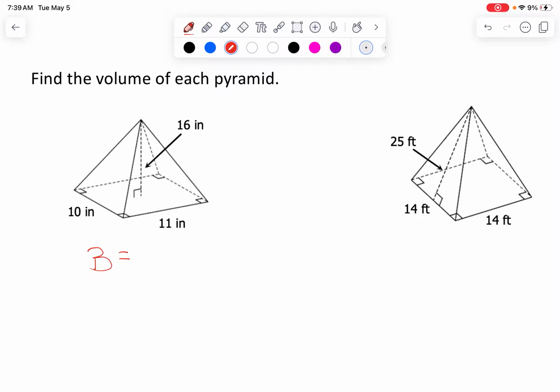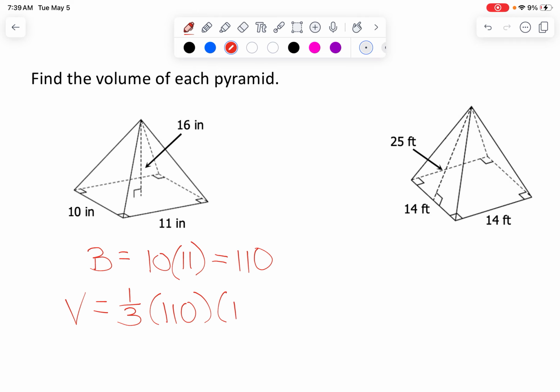This base is a rectangle, so we're just going to go 10 times 11, which is 110. Now I can find the volume: 1/3 times the base, which we just found, 110, times the height, and that's the height inside. We do have that number, it's 16.